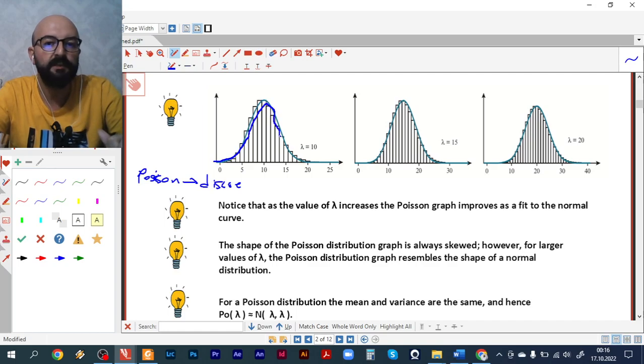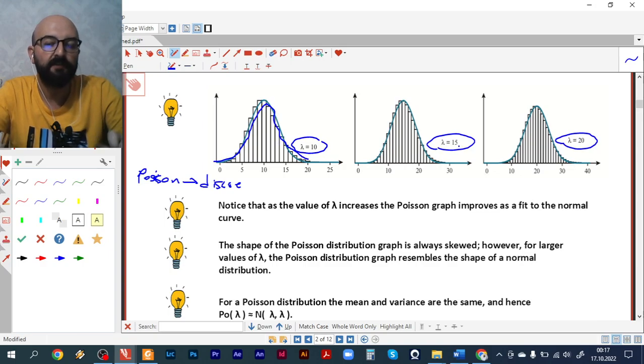Please notice that when your lambda value increases, your curve tends toward the normal distribution. When your lambda value is 10, your curve looks like this.